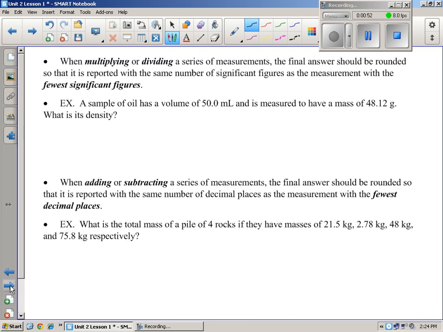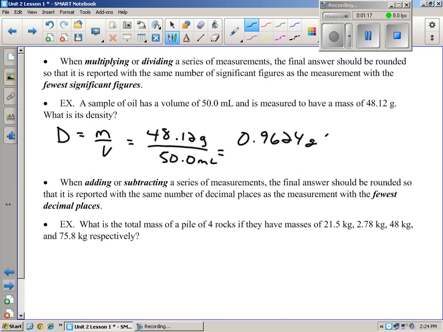When multiplying or dividing, the fewest significant figures is what you need to use. We talked about density equals the mass over the volume. We took 48.12 grams over 50. We divide those two numbers, and that works out to be 0.9624 grams per milliliter.